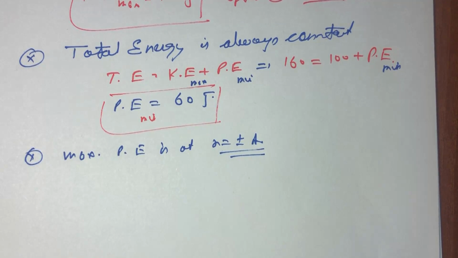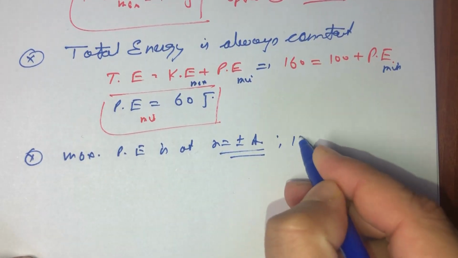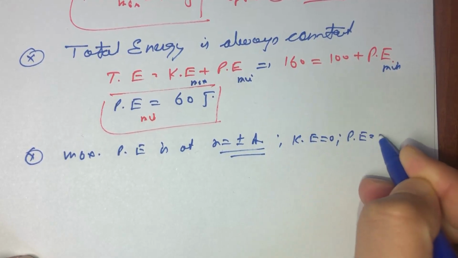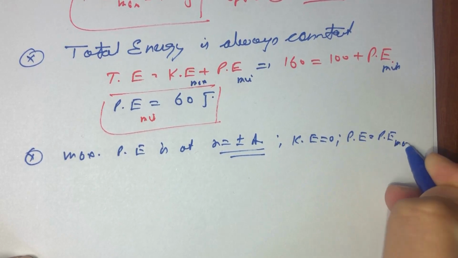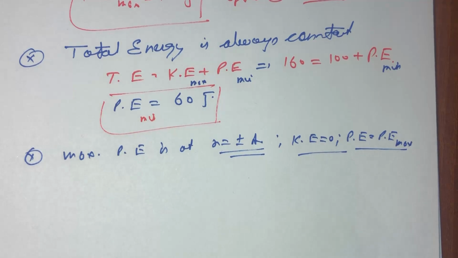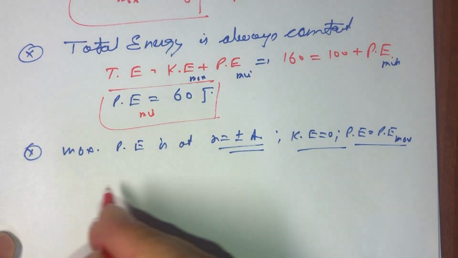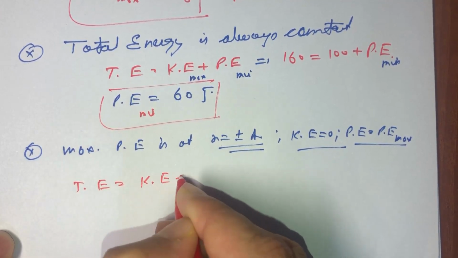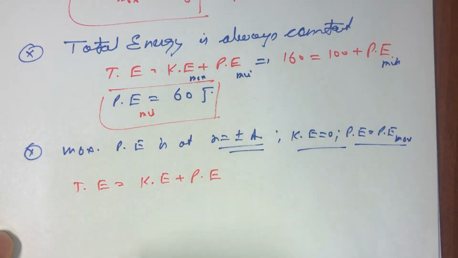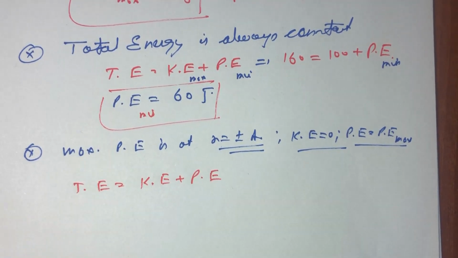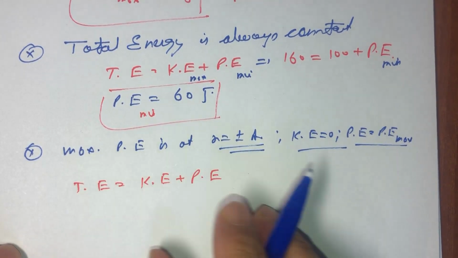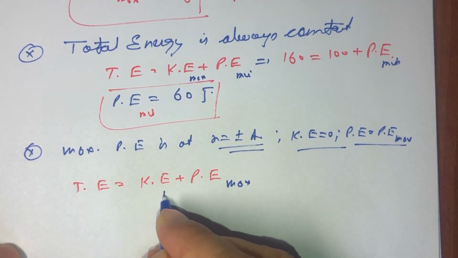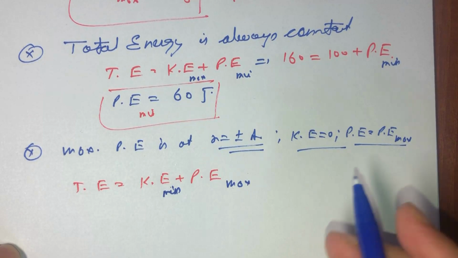At this position the kinetic energy is equal to 0. Once again, the total energy is equal to kinetic energy plus potential energy. At the extreme position the potential energy is maximum and the kinetic energy is 0.